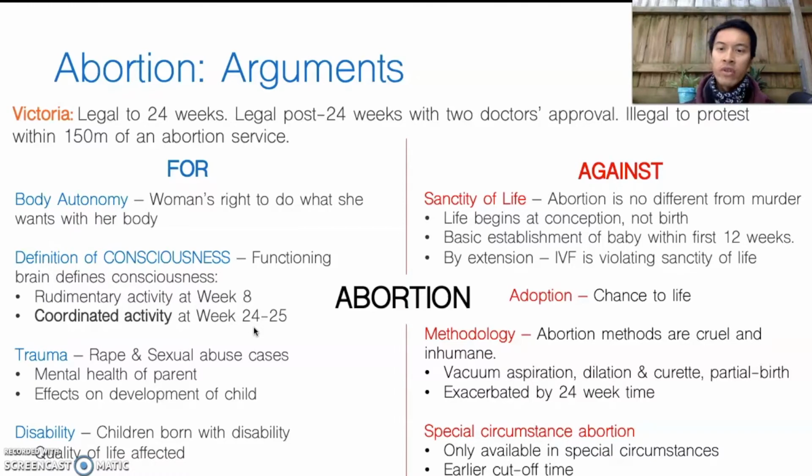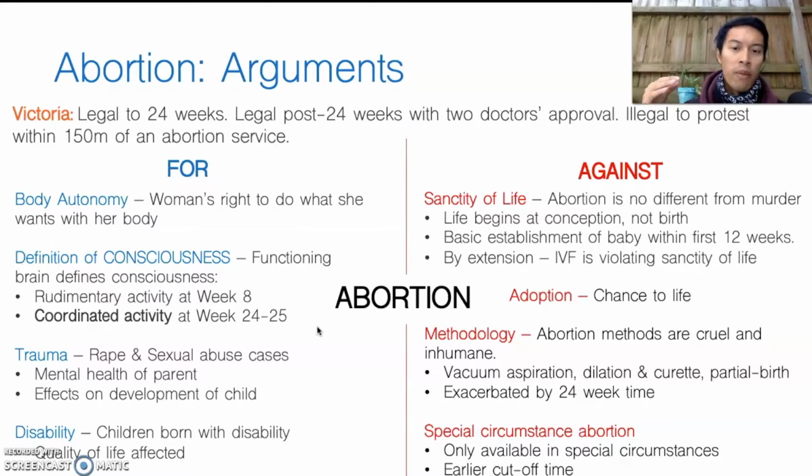And that's a really interesting, even just determining the time frame is interesting. You can see in Victoria it's legal at 24 weeks, mainly probably because of this coordinated activity definition of consciousness time frame, right? But also, a later time frame can also be an advocate for keeping the baby as well, because the longer an individual has to make the decision, sometimes the more of a right decision can be made instead of a wrong decision.